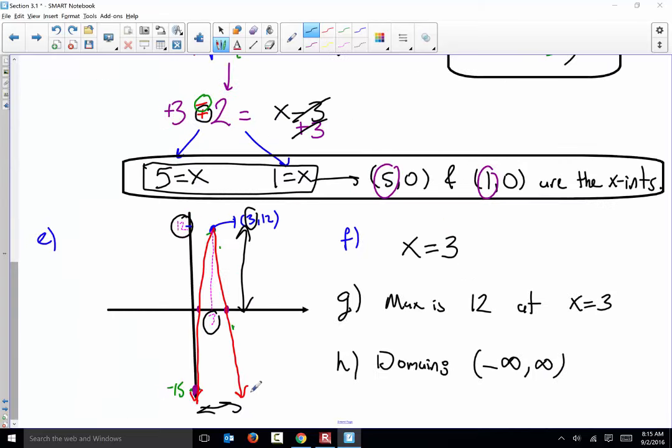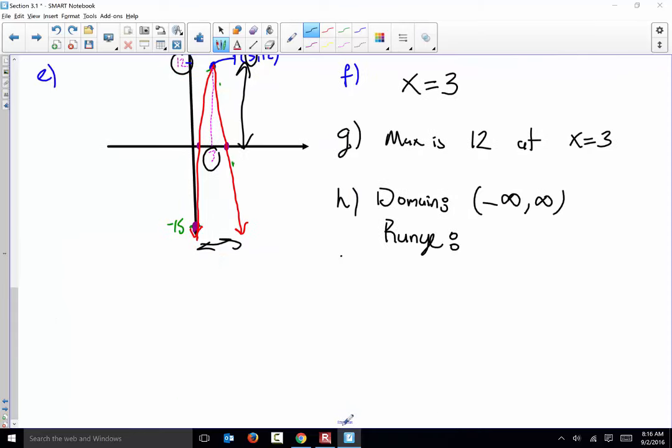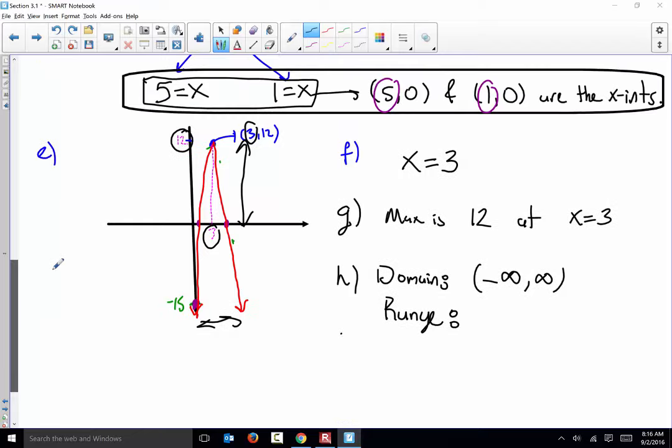However, range is not like that. Range varies from one quadratic function to another. Range varies. And how do we find range again? From earlier sections we did that. For domain, you're compressing into the x-axis.